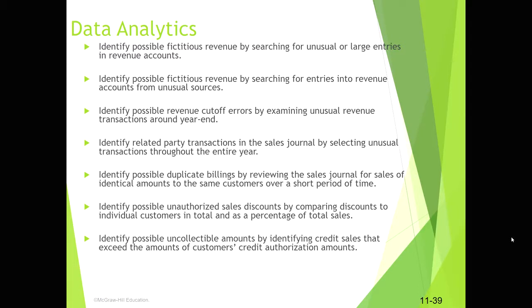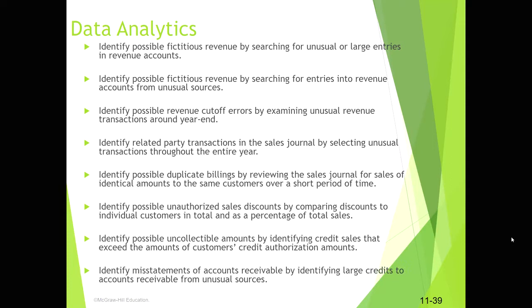Once you identify customers' credit limits, then you can look for situations where their open AR balance exceeds those limits. And then lastly, as an example, looking for misstatements by looking for these unusual large credits to the AR, right?